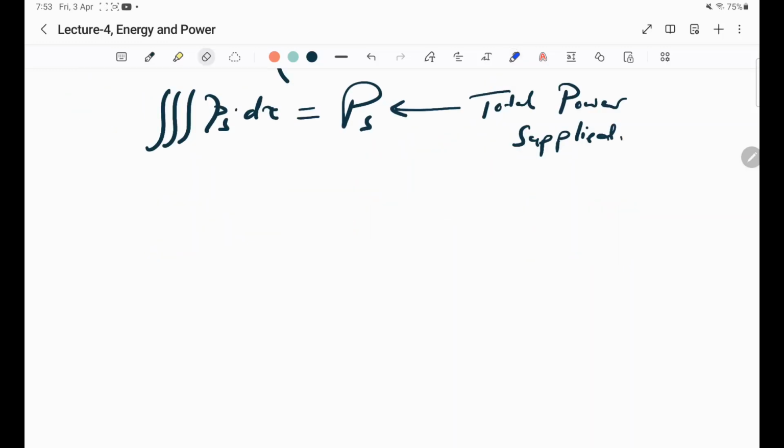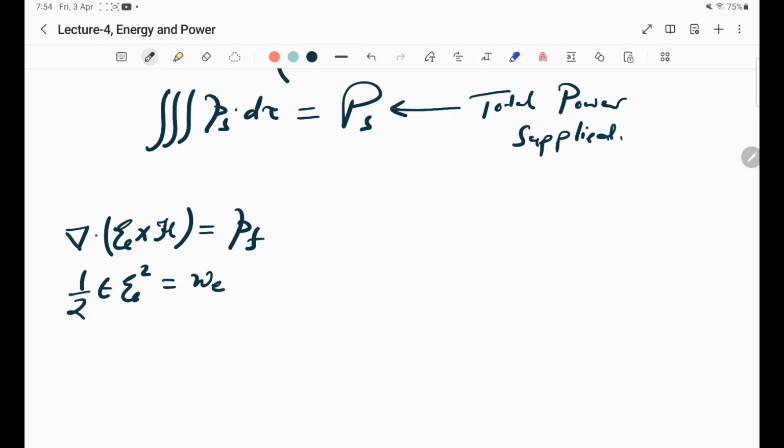Now if you simply substitute all these defined terms in equation number C, what you will find is that we have defined del dot E cross H as PF, density of power flux. We have defined half epsilon E square as WE, that is electric energy density. We have defined half mu H square as small wm, which is magnetic energy density.